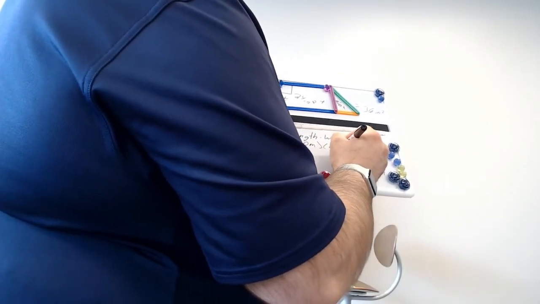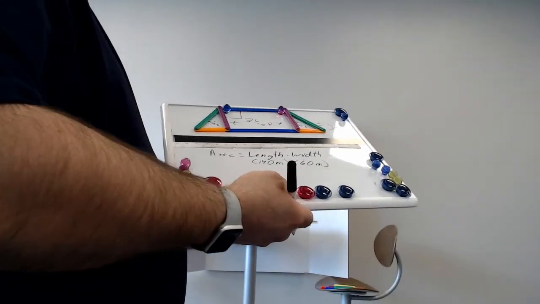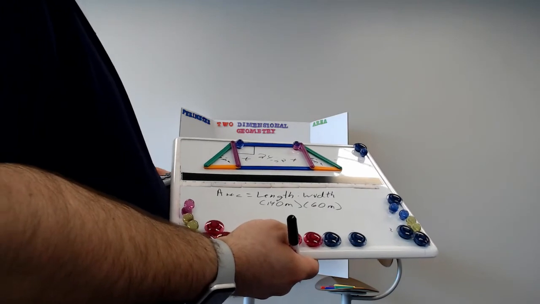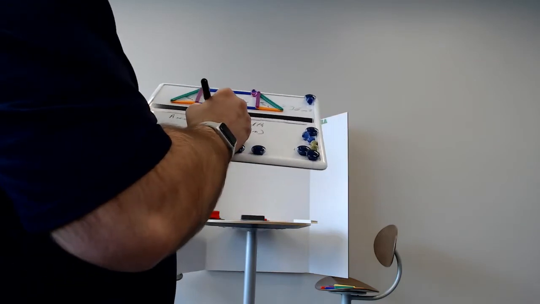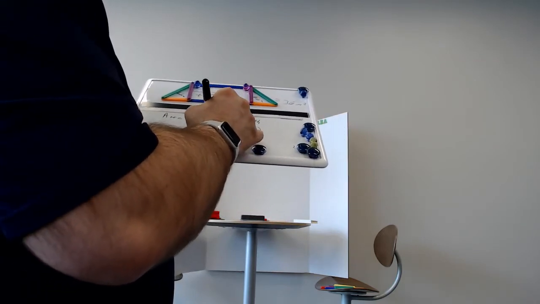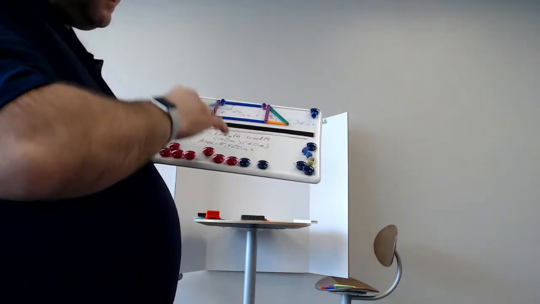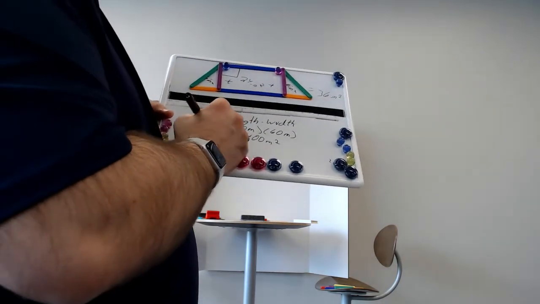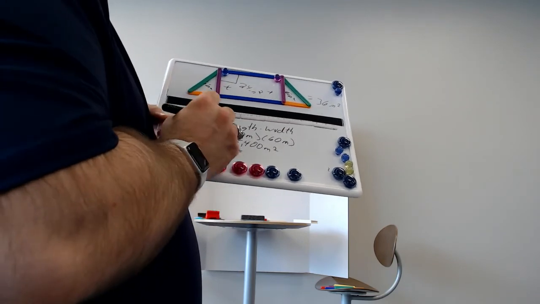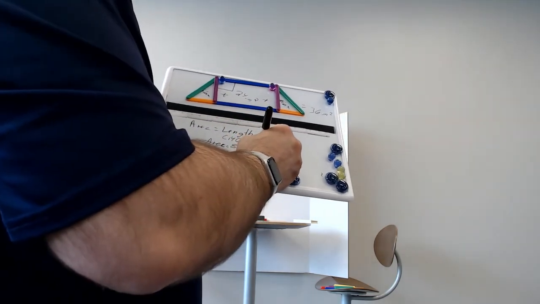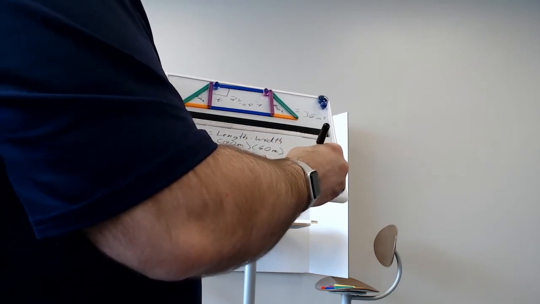Our width, we said, was 60 meters. So we're going to multiply 140 times 60, and we get 8,400 square meters, of which the area of the field itself is going to be 100 meters by 60 meters, or 6,000 square meters.